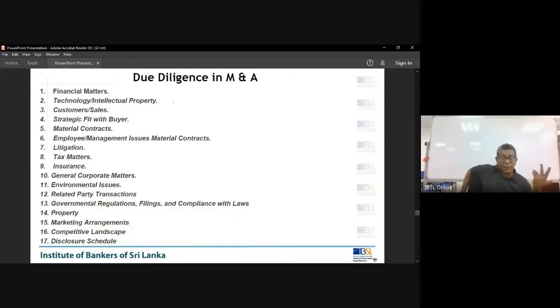Then you look at the financial matters, where the buyer will be concerned with all the financial statements. We look at technology and intellectual property, whether they have some significant intellectual property, and the customers and the sales.